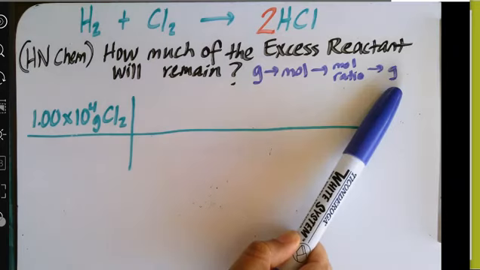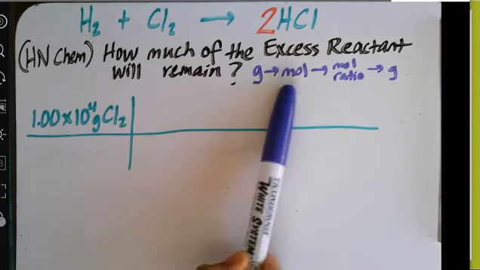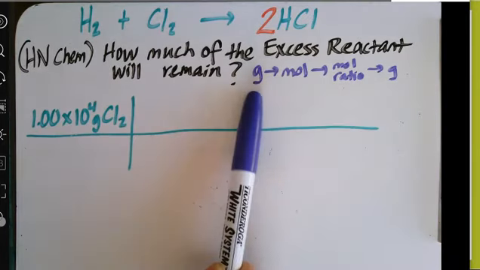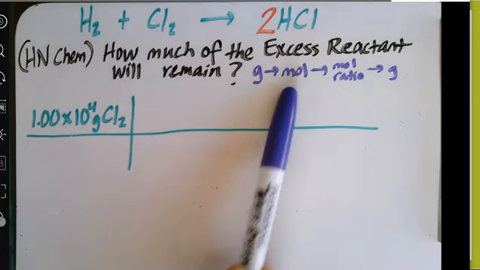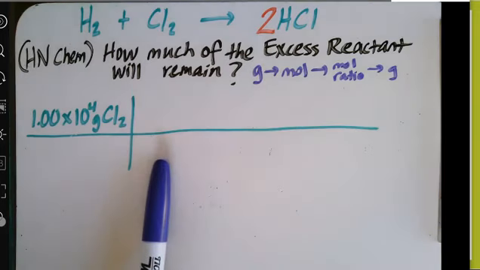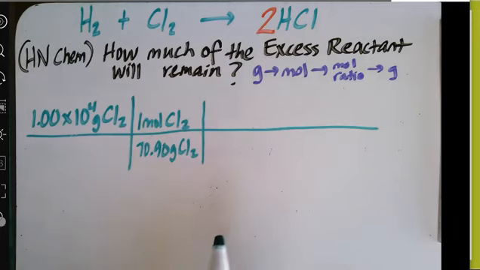The amount of hydrogen will be calculated in grams, so these are the steps that we will take to solve. For our first step, we're going to convert grams of chlorine to moles of chlorine, so go ahead and set that up here. Pause the video if you need to.